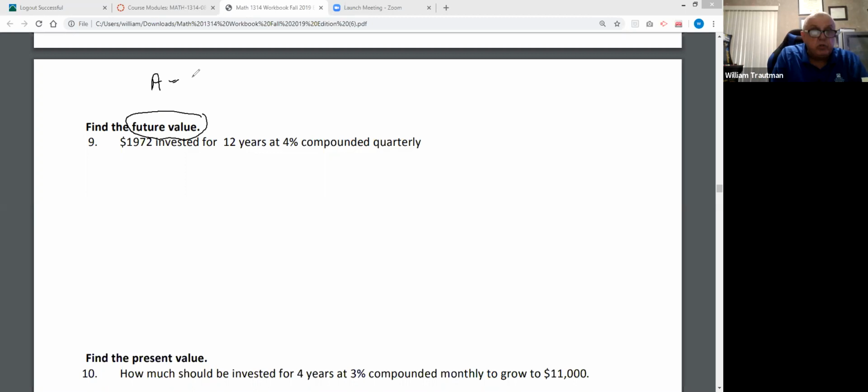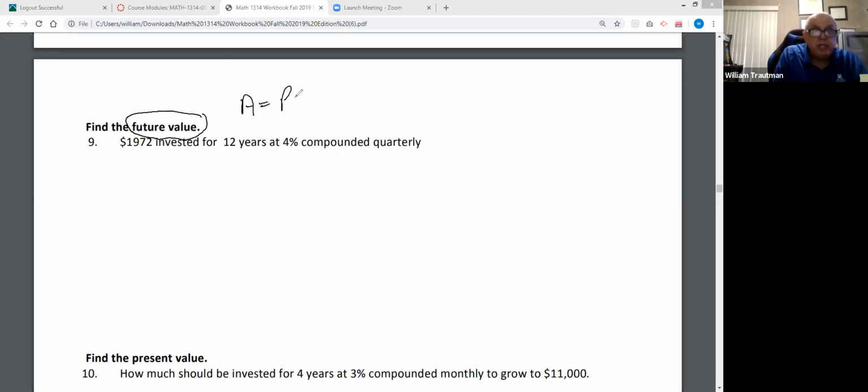A equals P times (1 plus R over N) raised to the NT power. Now make sure that NT is in parentheses when you write that down.